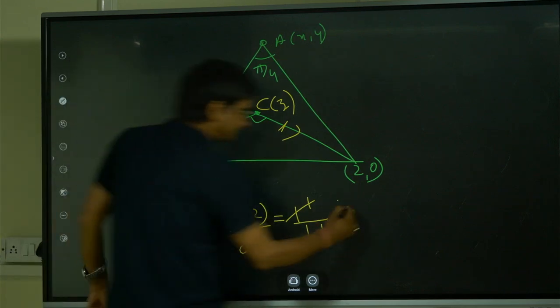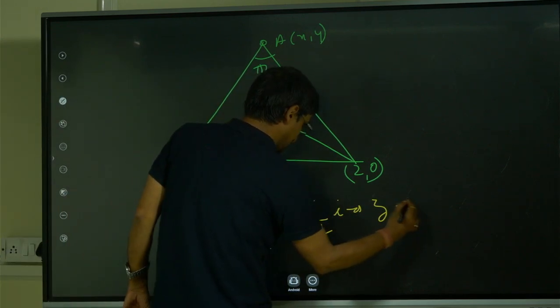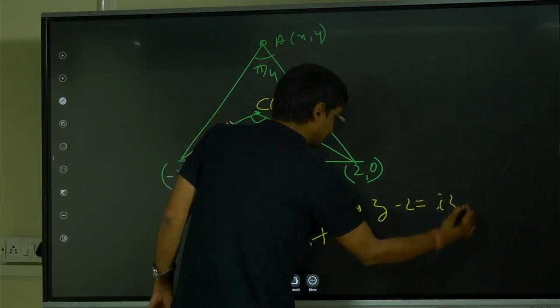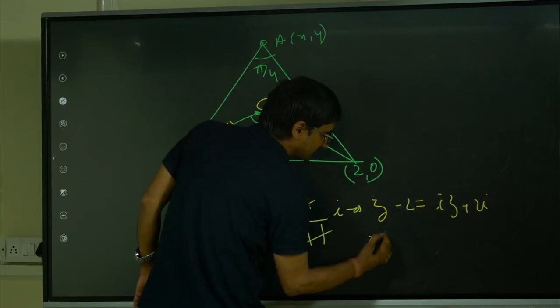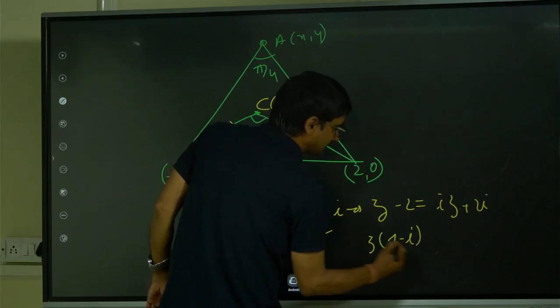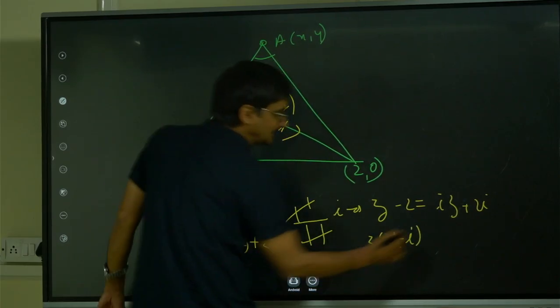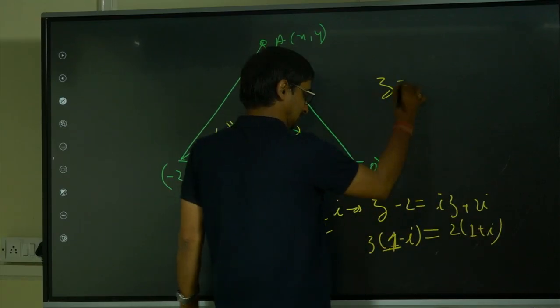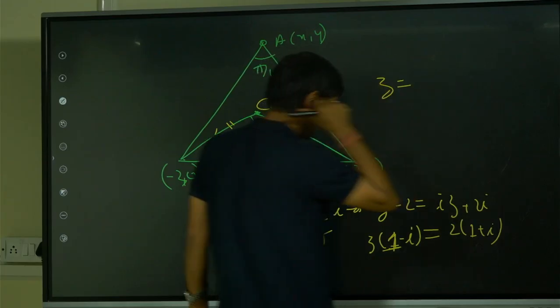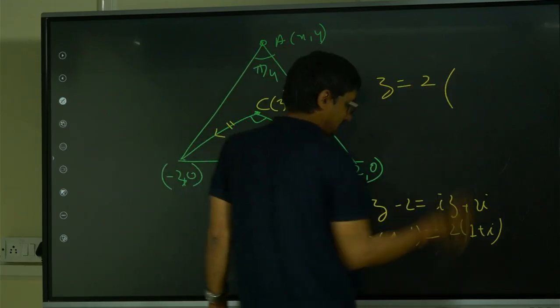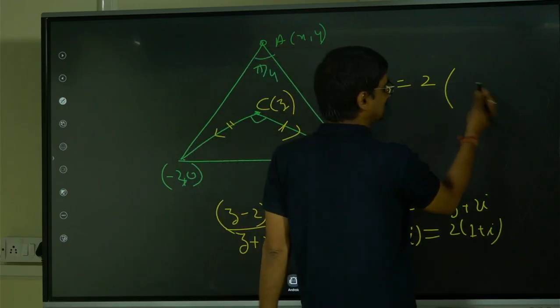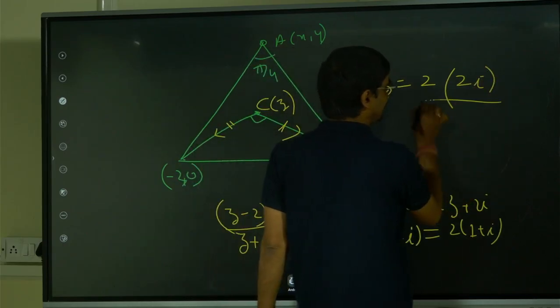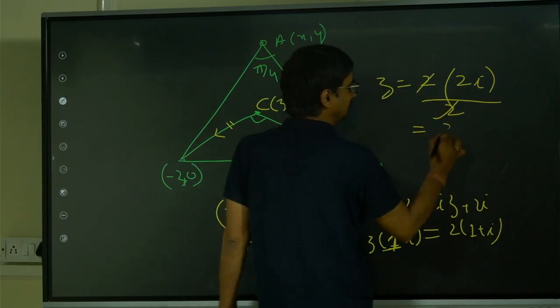So what is z here? z minus 2 is equal to iota times z plus 2 iota. So z is 2 times (1 plus iota) upon (1 minus iota). Simplify it, so 1 plus iota square gone, 2 iota upon 2, so it's 2 iota.